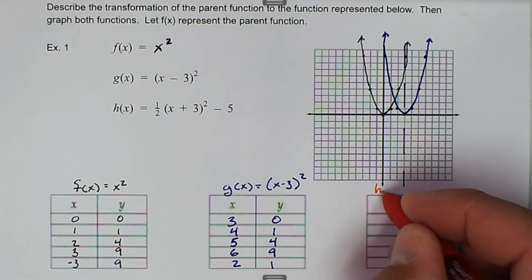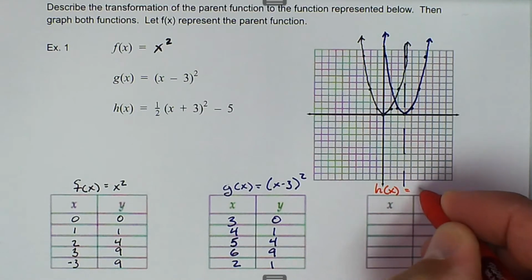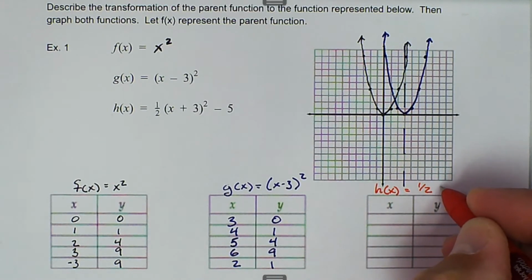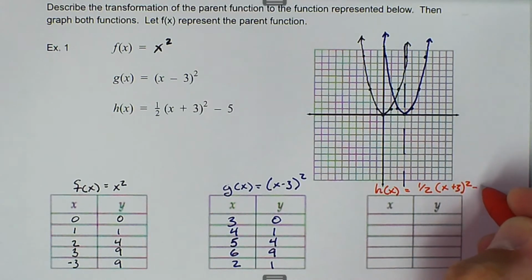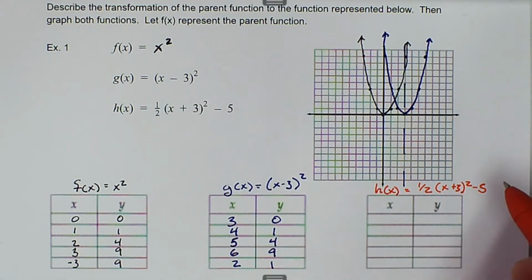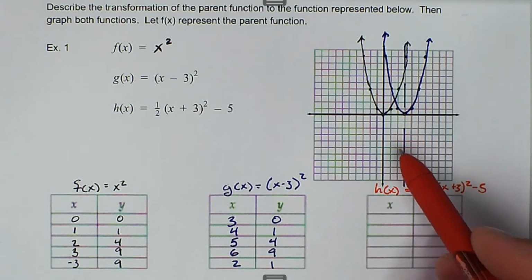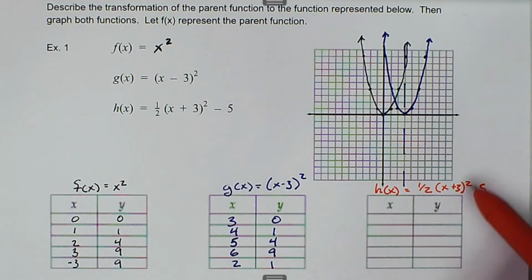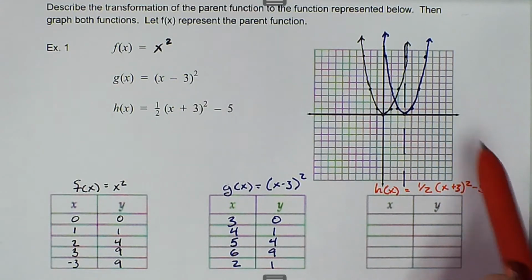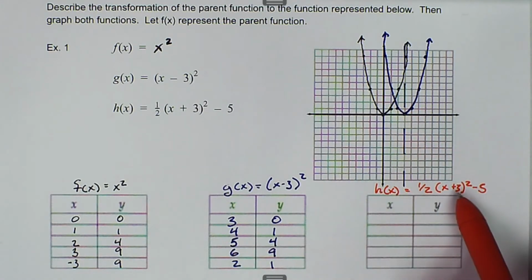We have h of x equals 1/2 x plus 3 quantity squared minus 5. And so again, when I'm graphing this, I want to find out where my vertex is. Now this plus 3, we usually think, oh, plus 3, we're moving to the right.